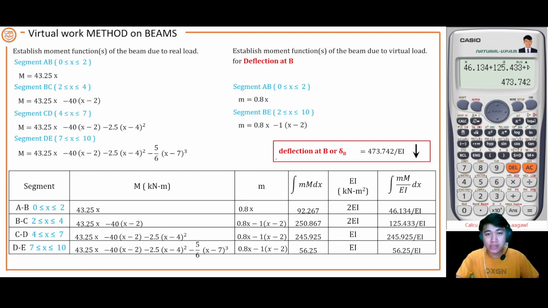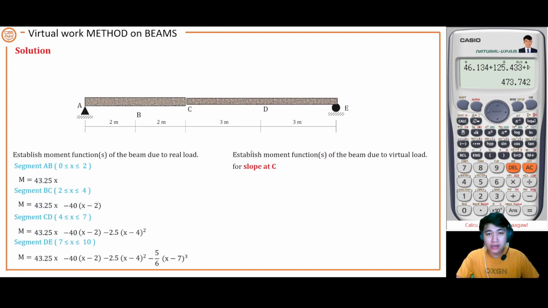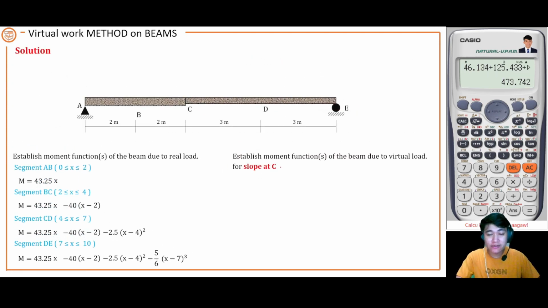So next question here is the slope at C. For this slope, again, we are going to apply a 1 unit virtual concentrated moment at point C. If the question is at point B, apply a virtual unit load at that point.